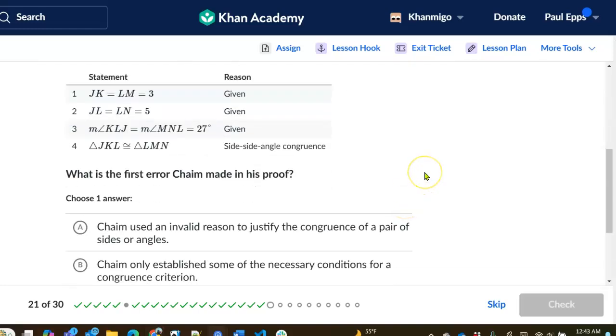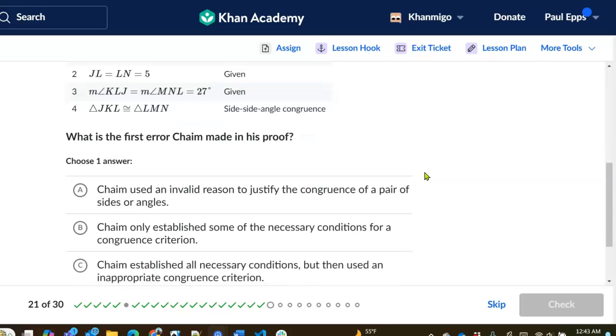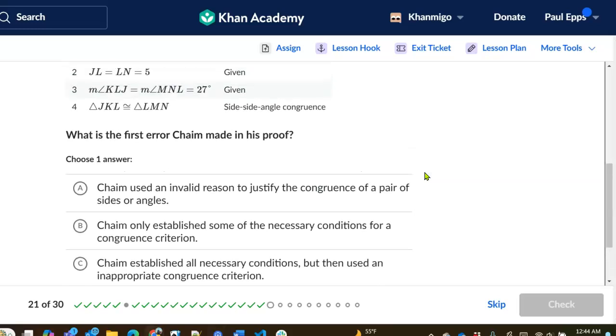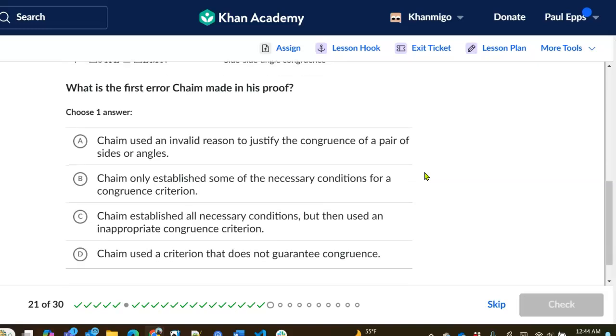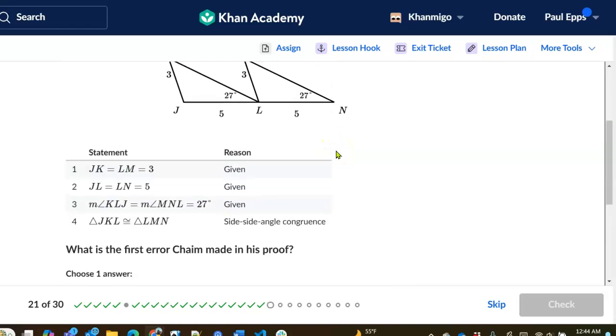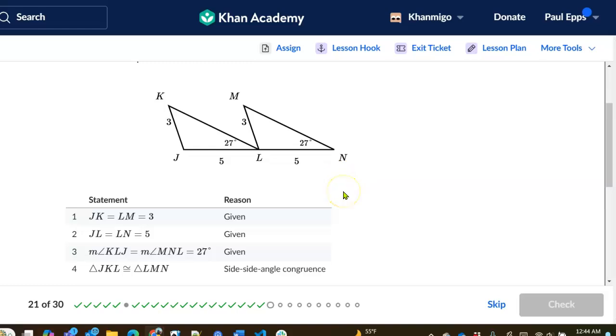All right. Used an invalid reason to justify the congruence of a pair of sides or angles. No, those were all given. Only established some of the necessary conditions. I hate these. It's just puzzling what they actually mean. What we want to say is that side-side-angle is not a reliable proof method.